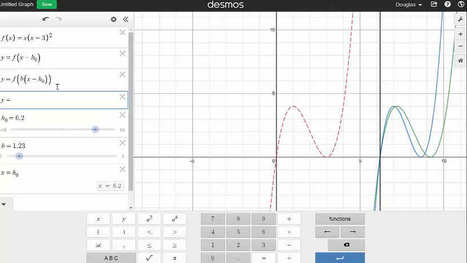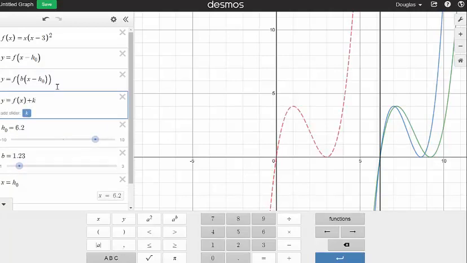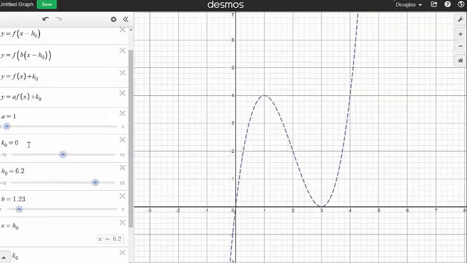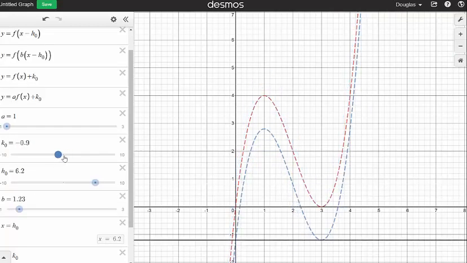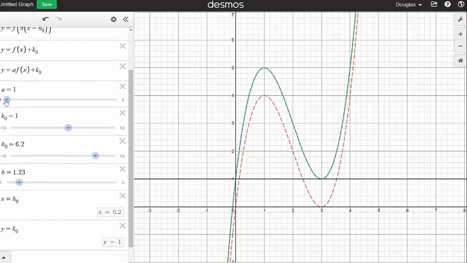First, let's take a look at y equals our function plus our k value. That's our shift. Now we're going to shift this k value around. You can see it's behaving the way we expected before. Now let's include the vertical stretch as well. And there it is.